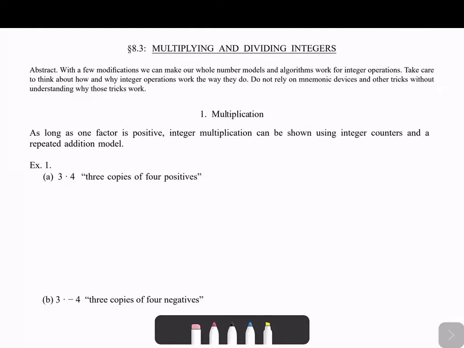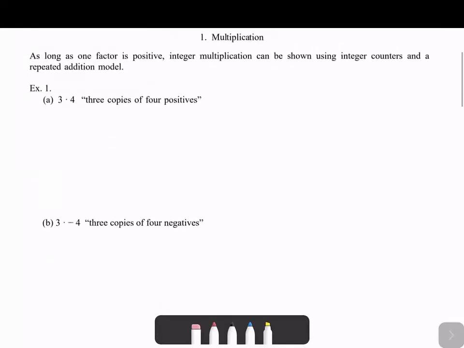So these first few examples are just using the same models that we had before. If we're looking at 3 times 4, we can think of multiplication as just repeated addition.